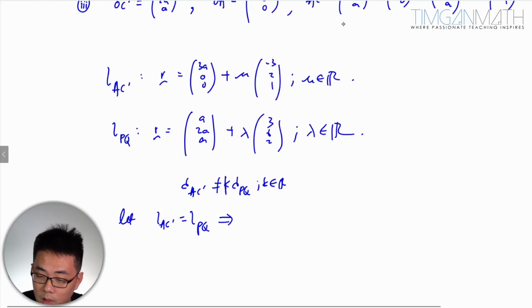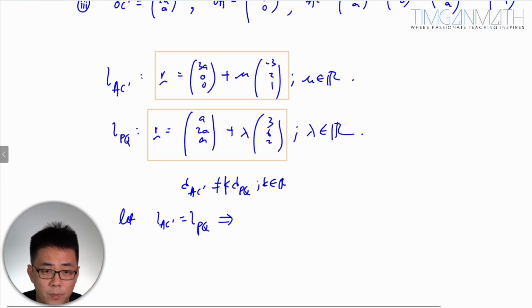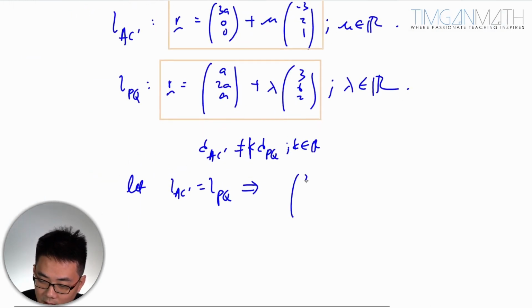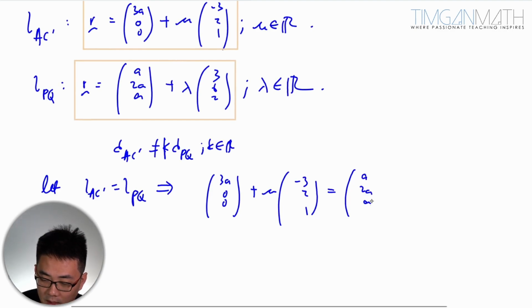Remember, in secondary school, we usually just let y1 equal y2, right? So the question now is whether you have a common mu and lambda which satisfy both line equations.